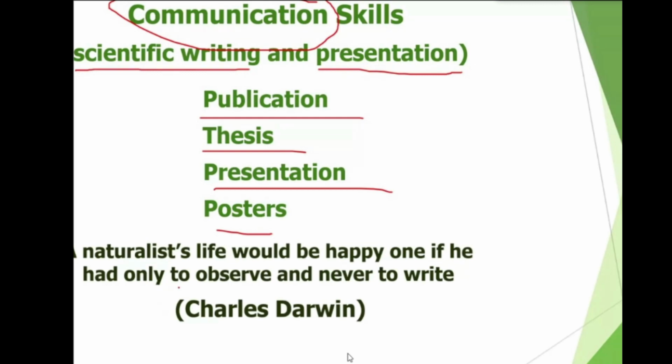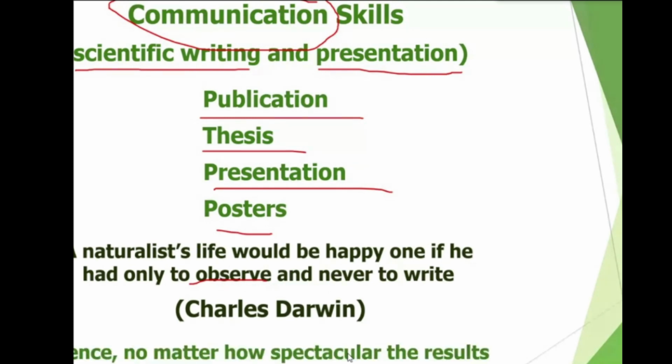A naturalist's life would be happy, if he had only to observe and never to write. This was written by Charles Darwin. People often say that Charles Darwin was a lousy writer. He always wanted to observe, but never wanted to really describe it. Although he wrote the Theory of Evolution, a long document, he never wanted to write, but wanted to go on observing.